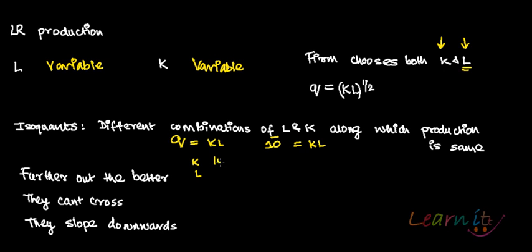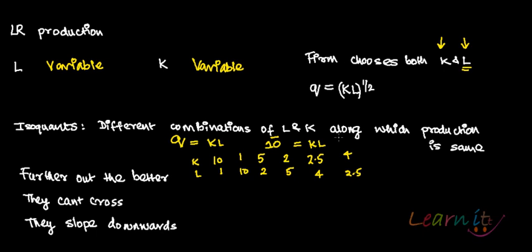So K could be 10, L could be 1; L could be 10, K could be 1; L could be 2, K could be 5; K could be 2.5, L could be 4; L could be 2.5, and K could be 4, and so on and so forth.